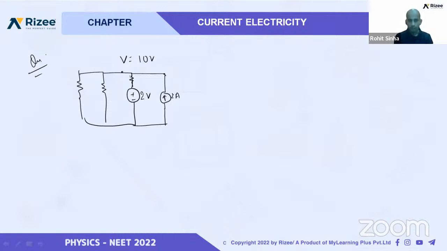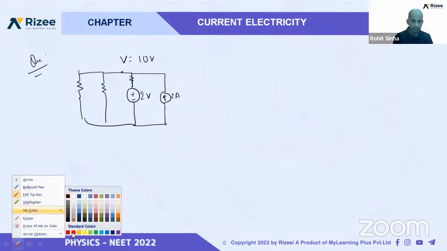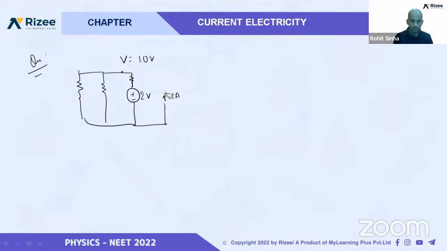Let me take one more. I reduce this part because I think this will not be asked in your exam. These are for JE people, because this type of question is asked for JE. I make it simple like this. Put here plus minus 1 volt, and one more here like this.